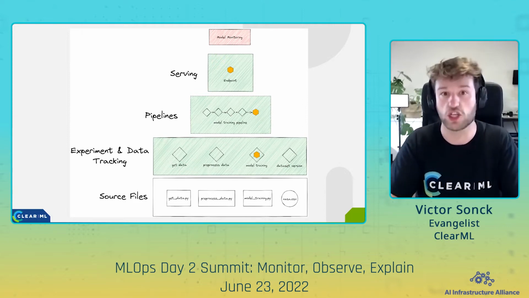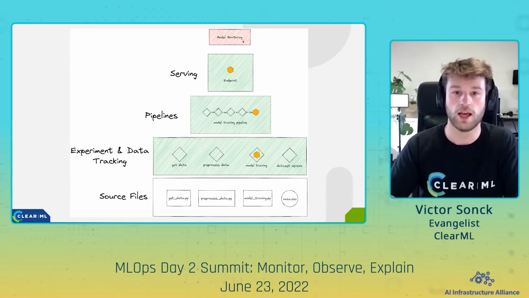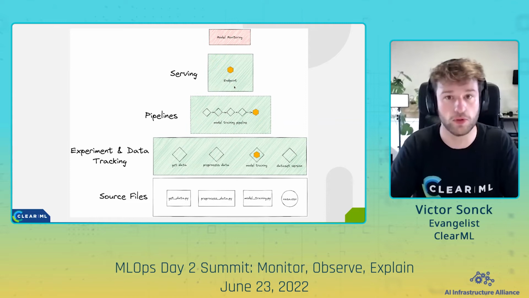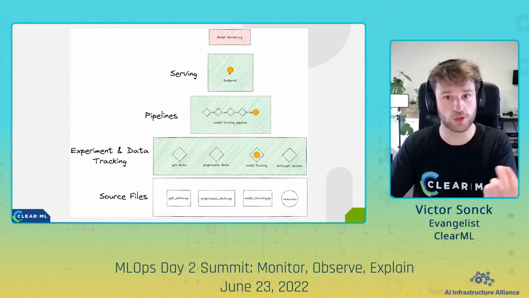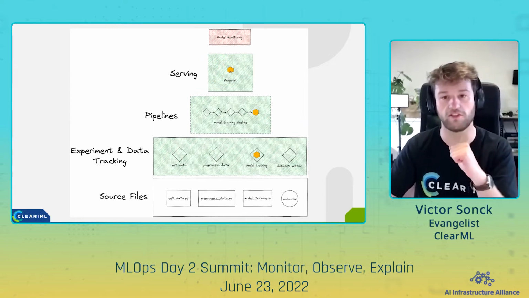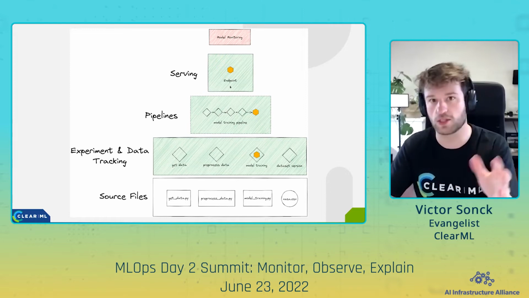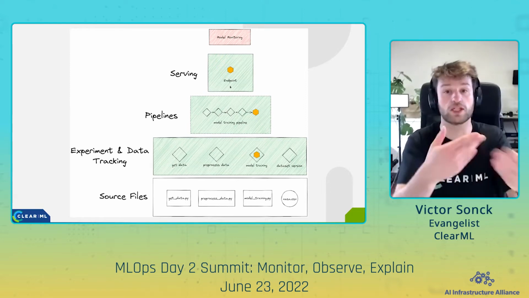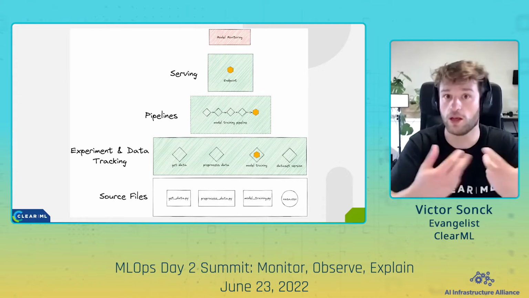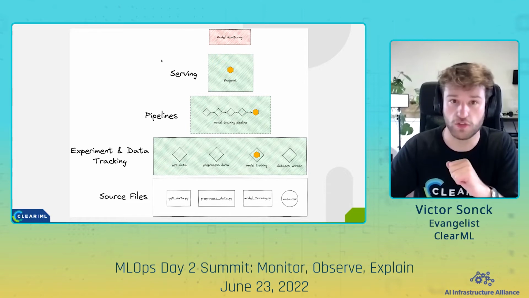You can attach anything you want to it, so you're not limited to any single tool. Then, of course, you have the serving engine. Whatever serving engine you might end up using, the main constituent of every serving engine is, of course, your model artifact, right? So your actual model file that will then be served as an endpoint, either HTTP, gRPC, or something similar, where users can send requests and get the return, or the prediction of the model, back out. So that's what's going to happen in the serving engine.